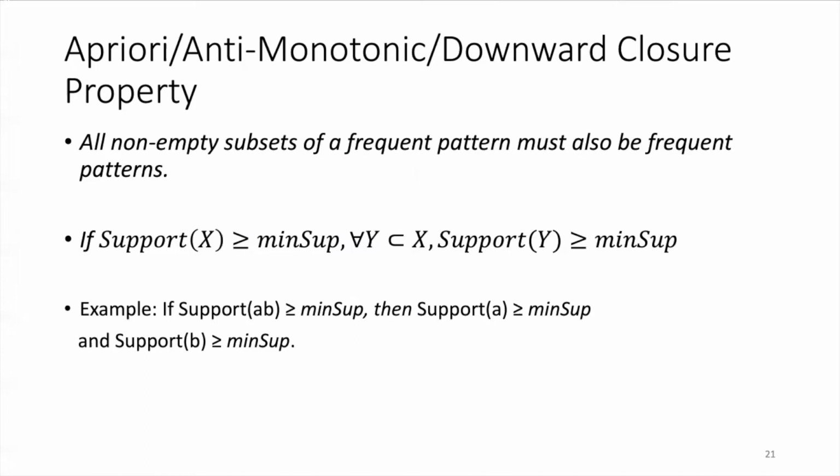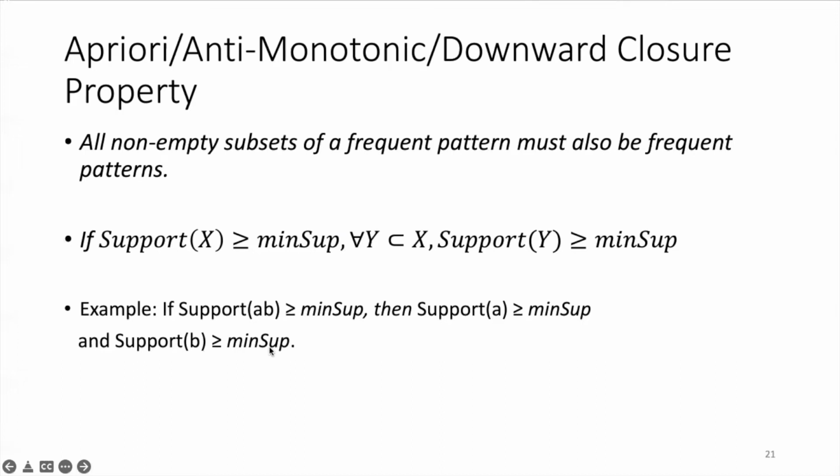So what this a priori property says is, if a pattern is frequent, all of its subsets, non-empty subsets in particular, are also frequent patterns. For example, if I say the support of AB is greater than or equivalent to minimum support, then it means support of A is also greater than minimum support and support of B is also greater than minimum support.